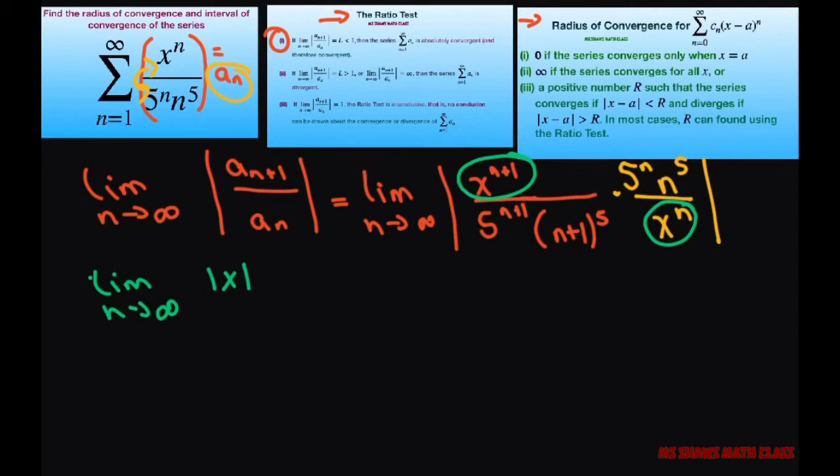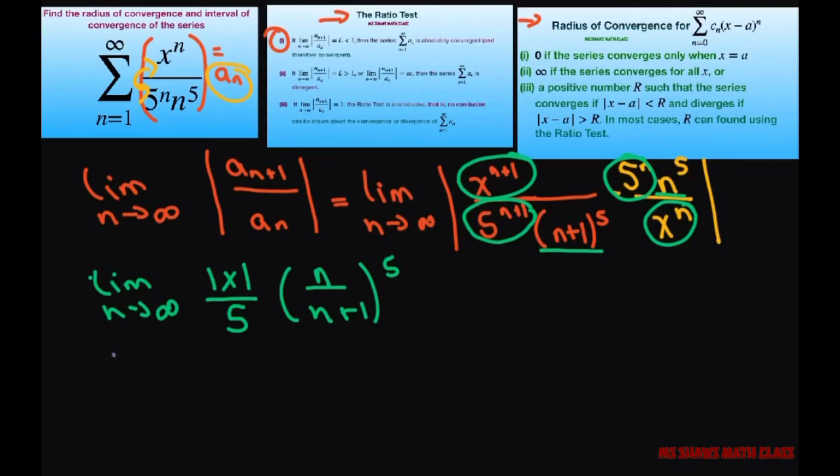And then when you look at this piece here, using your quotient properties of exponents, that's just going to equal 5. And then for this piece, this is going to be n divided by n plus 1 to the fifth power, because they both have the power of 5.